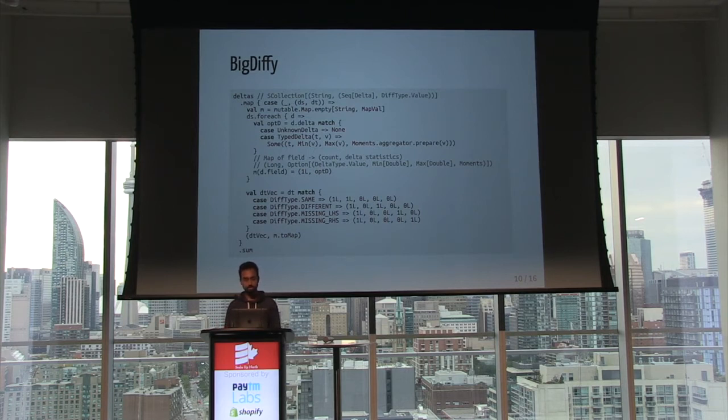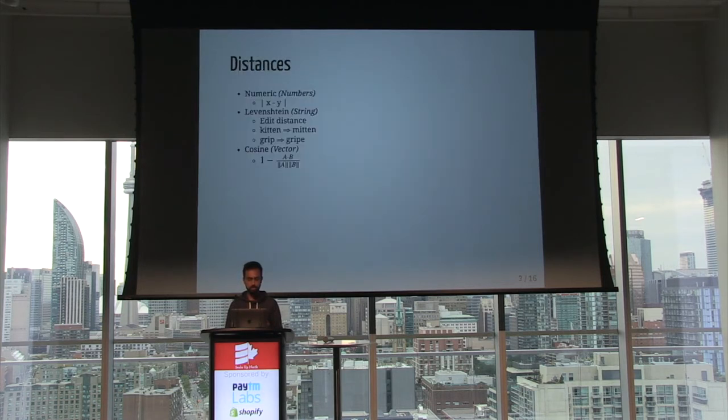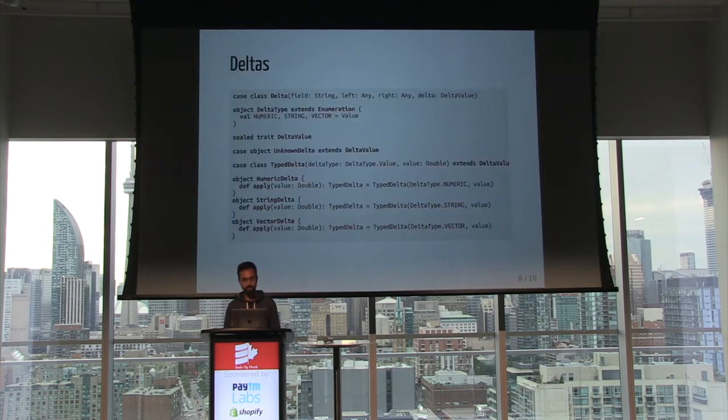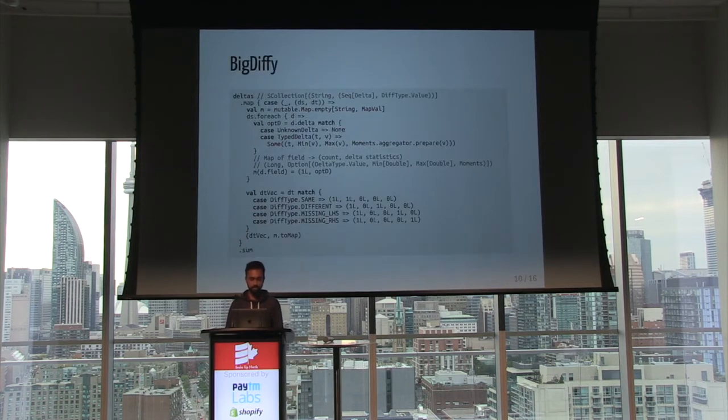And the moments are these values at the bottom here: variance, standard deviation, skewness, kurtosis. And in the second half, we basically convert a diff type to a vector so that it's easier to sum them. And then we output this tuple of this vector and this map, and we call this sum.